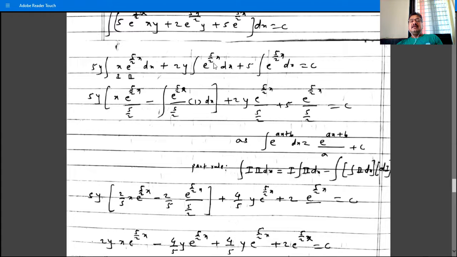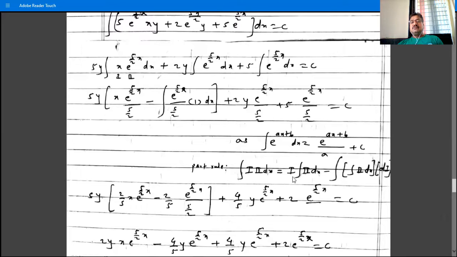And minus, again, the integration by parts rule: minus the integration of the integral of the second, e raised to 5x by 2, whose integration is e raised to 5x by 2 divided by 5 by 2, into the derivative of the first, that is 1, derivative of x is 1, dx.